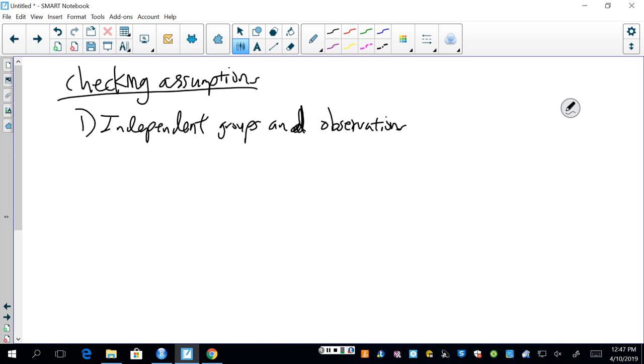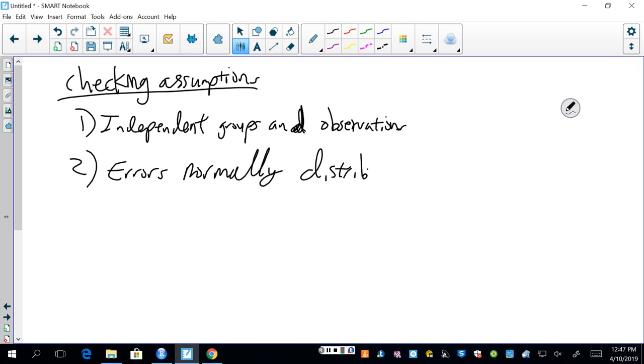And if you're welding things and you have a bunch of them set out and you just do them all together, then there could be some kind of dependence or relationship there. The time and performance on one might affect the other because of that interaction. So that's just knowing about how the experiment was set up. How is it physically done? We assume that the errors are normally distributed.